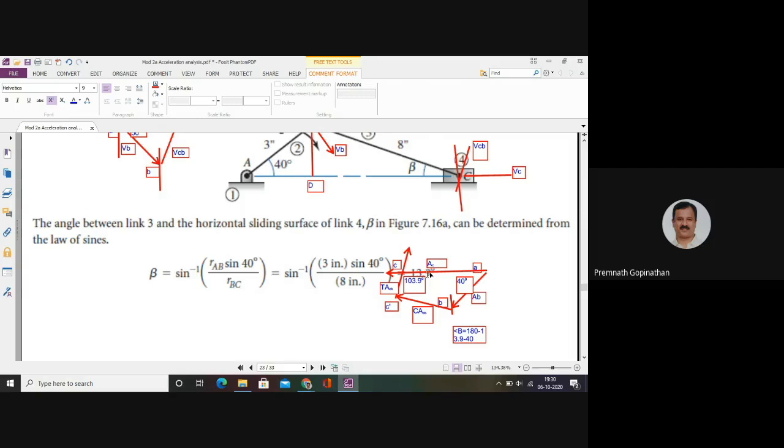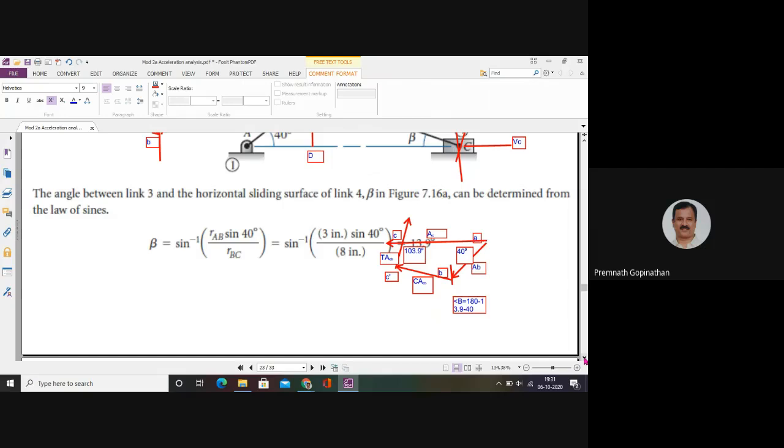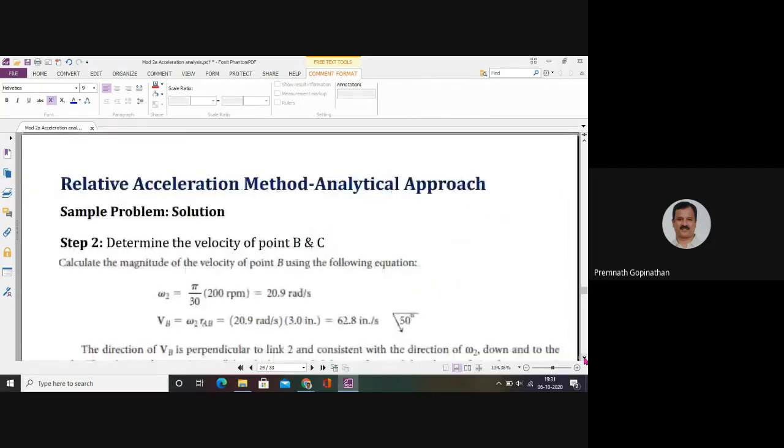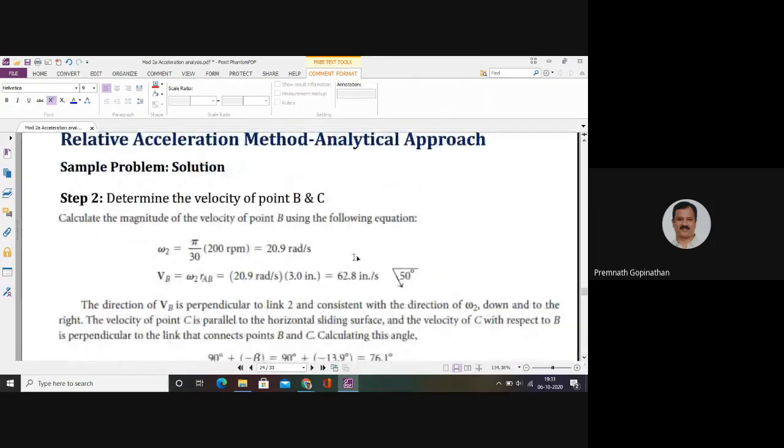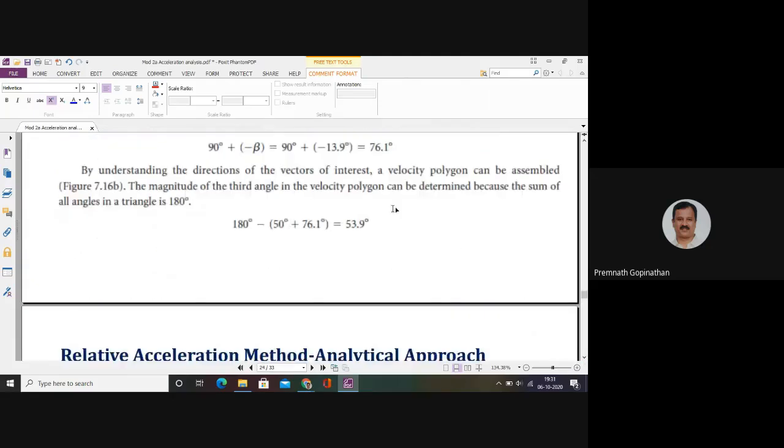So this is how you identify the various vectors, and this is how the analytical method has to be followed. That is what is being shown in the remaining slides here. Now we have determined the velocity of B and C by considering the various angles.